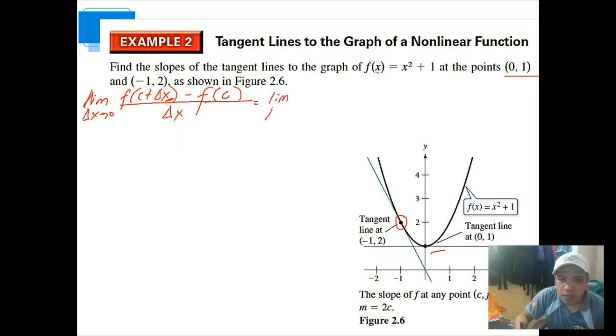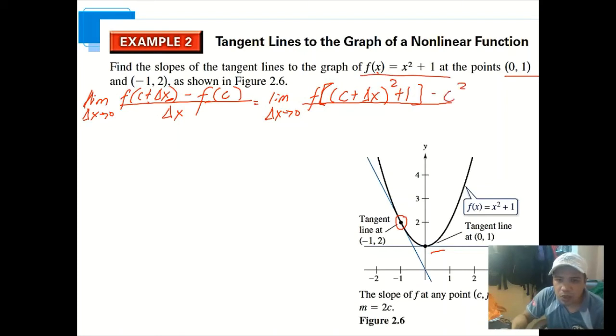So, the limit of delta x as delta x approaches 0. So, f of x squared plus 1, kaya gagamitin natin dito is c plus delta x. So, c plus delta x squared plus 1 minus f of c or f of x is x squared plus 1. So, c squared plus 1 all over delta x.